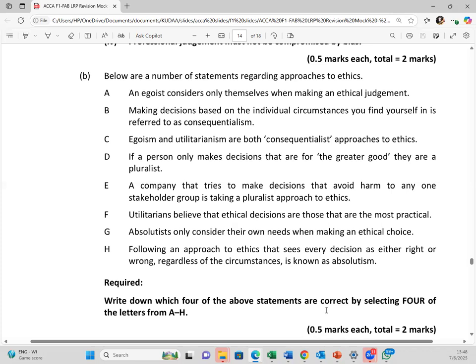So I want which statements are correct. Which statements are correct? Which are the correct statements?